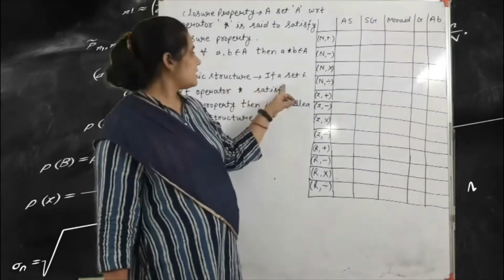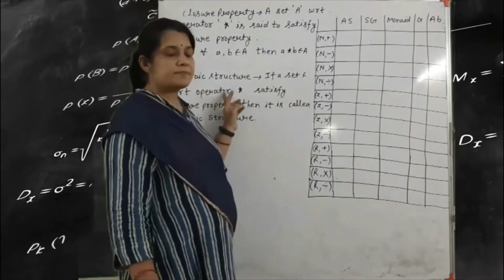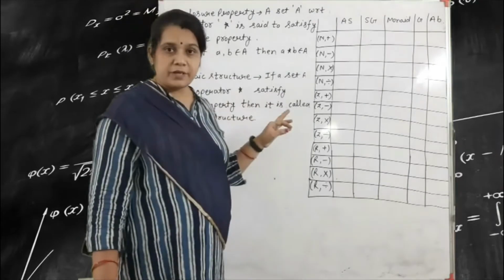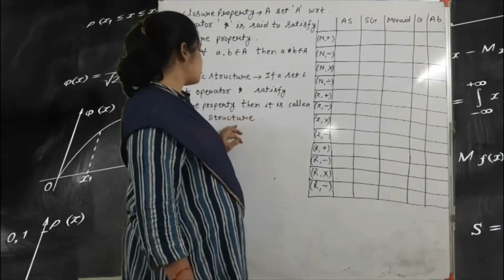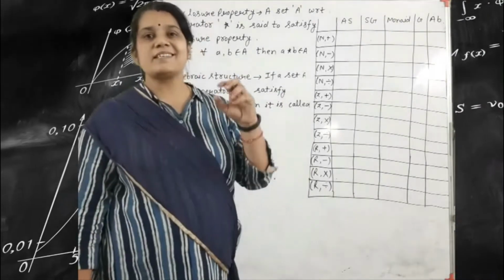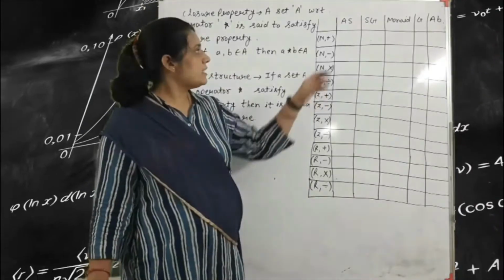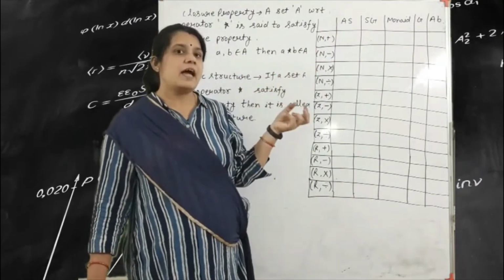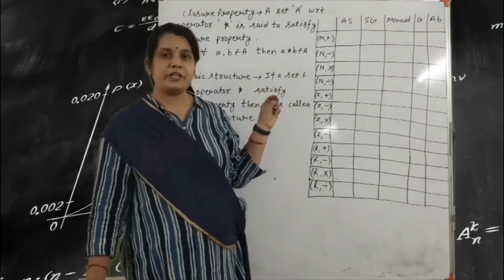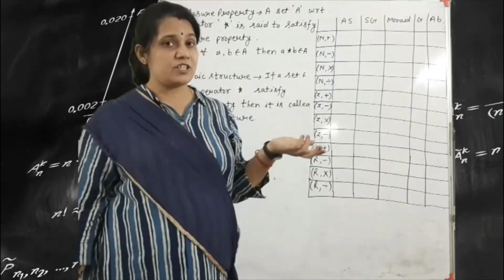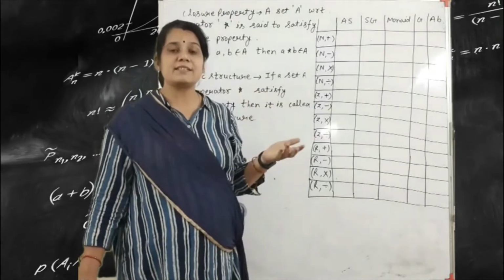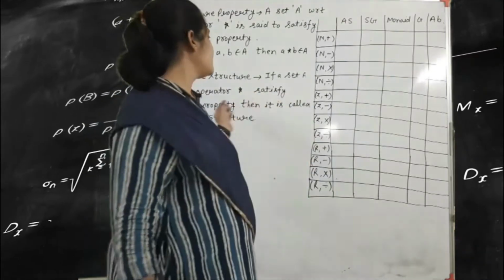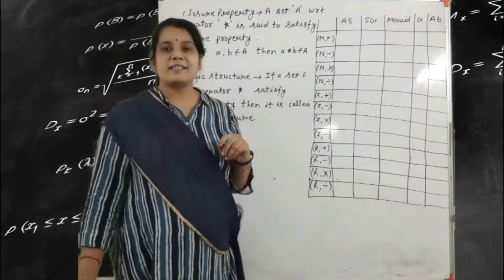If a set A with respect to operator star satisfies the closure property, then it is called an algebraic structure. So here we use one by one the set and the operator, and we find out whether this set and operator satisfy the closure property. If they satisfy the closure property, then we can say that this is an algebraic structure.